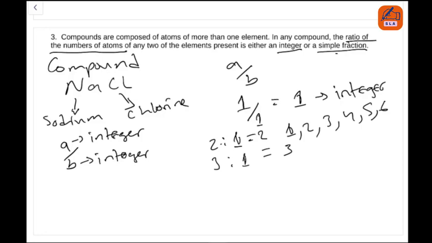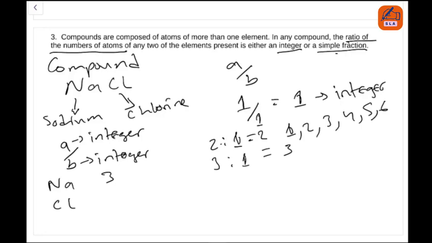So here you can have ratios whereby your compound has 3 sodiums and chlorine, or just find a different compound. Okay, let's get back to chlorine.